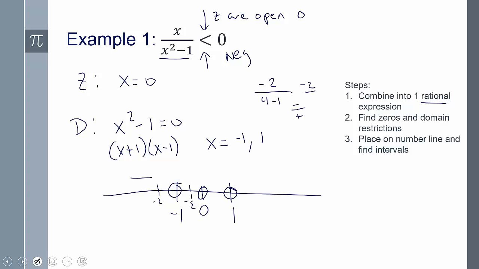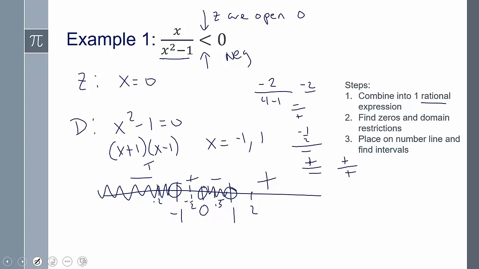If I did -1/2, that's a negative over a negative, so it's positive. If I did positive 0.5, that's a positive over a negative, so that's negative. And if I did 2, that's a positive over a positive, so that's positive. Numbers that are less than 0 are negative, so these are my solutions.